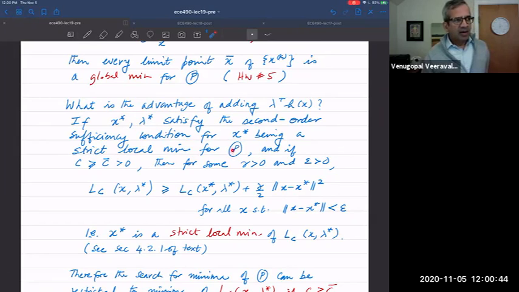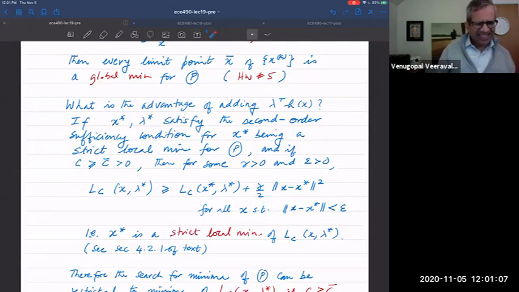Now, in practice, how would you verify something like that? If, for example, the original function is convex, then the augmented Lagrangian is also going to be convex. We have only equality constraints, so if we have a convex optimization problem with linear equality constraints, then the augmented Lagrangian is going to be convex, and so the second order sufficient conditions will be satisfied because L is a convex function.